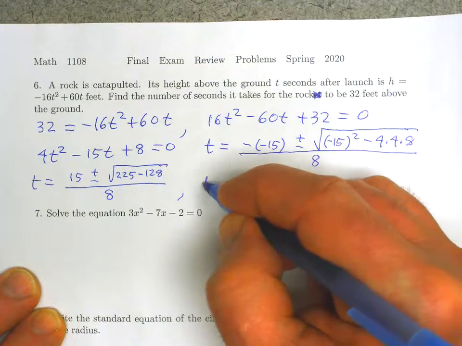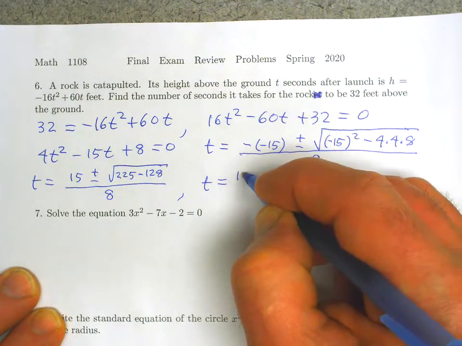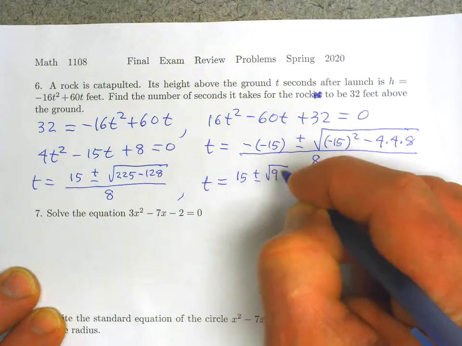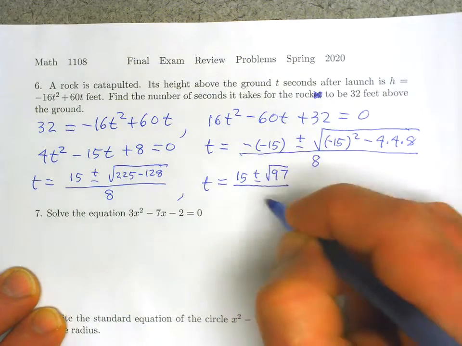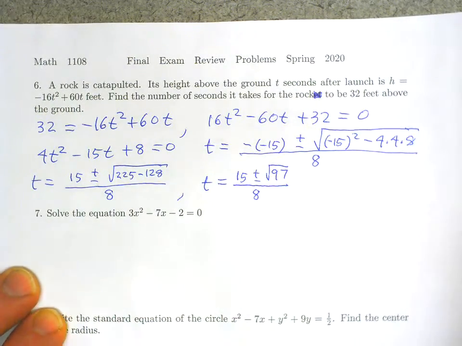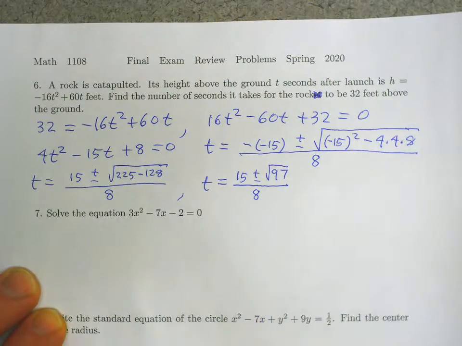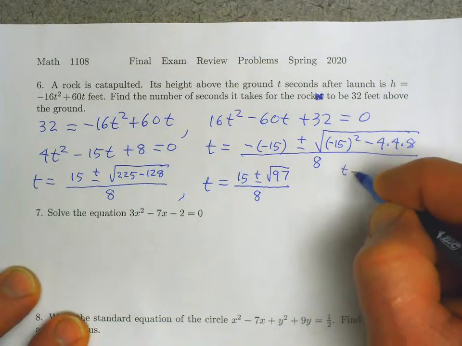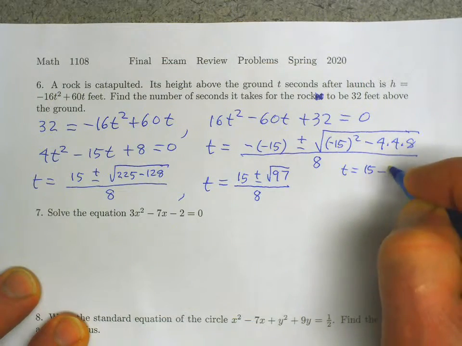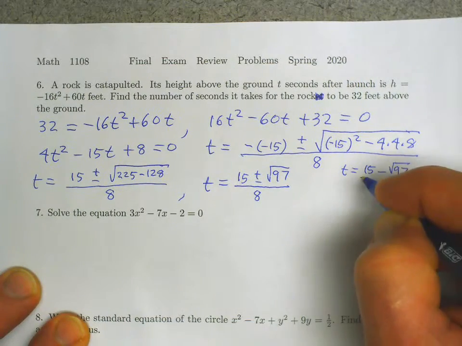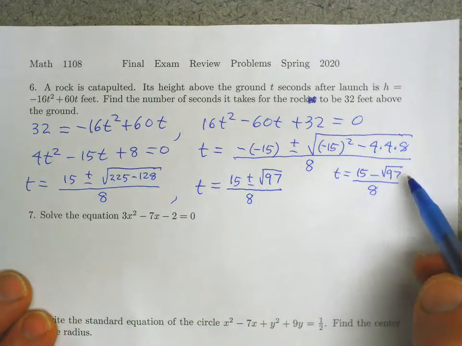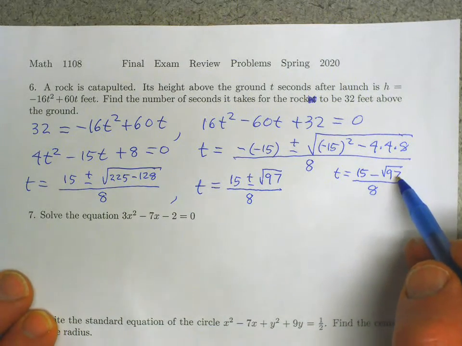And then finally, t equals 15 plus and minus the square root of 97 divided by 8. Both of the solutions are positive. The smaller number is t equals 15 minus the square root of 97 over 8. Well, the square root of 97 is close to 10. It's close to the square root of 100.